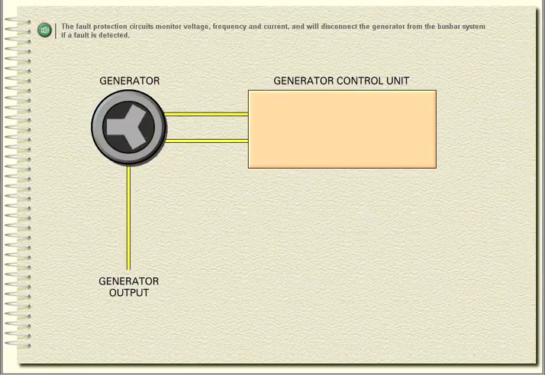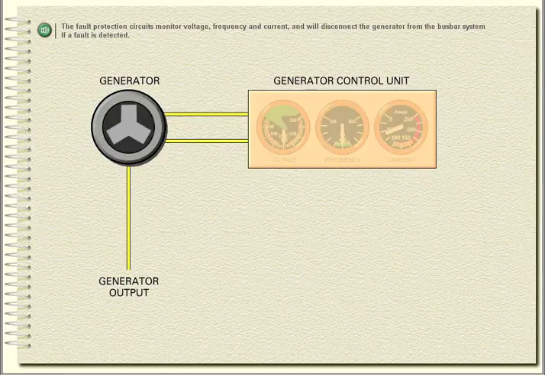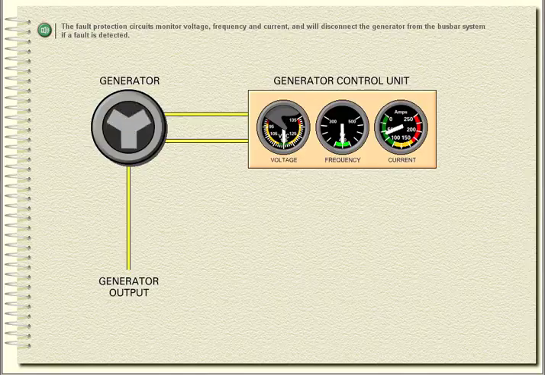The fault protection circuits monitor voltage, frequency and current, and will disconnect the generator from the busbar system if a fault is detected.